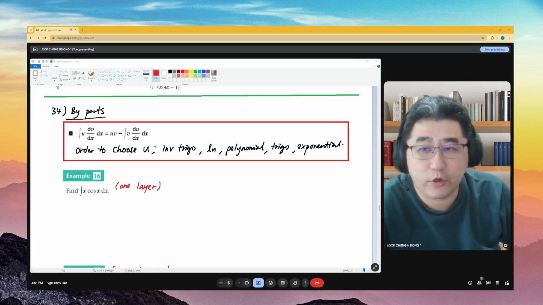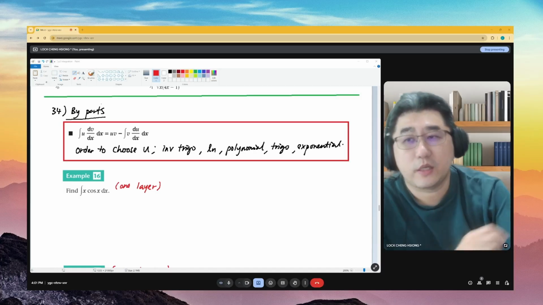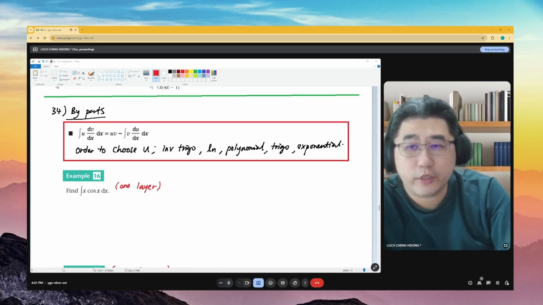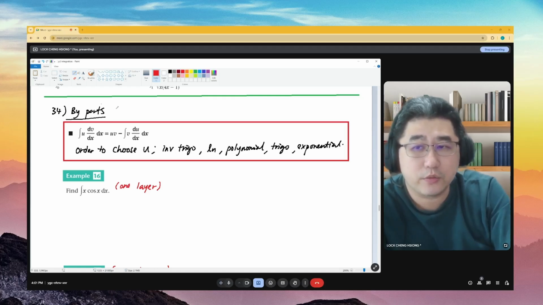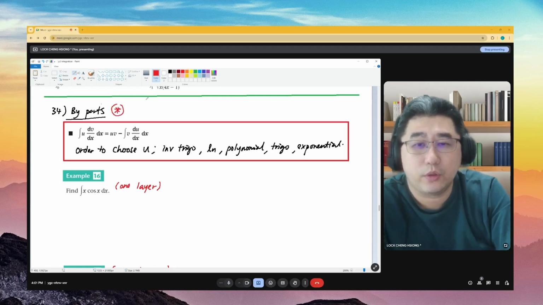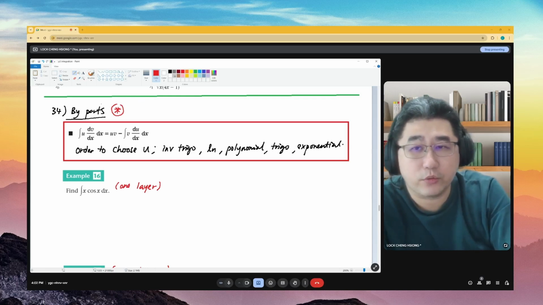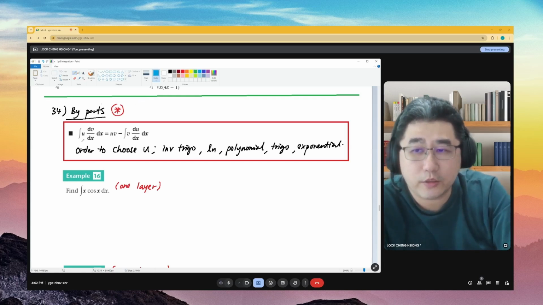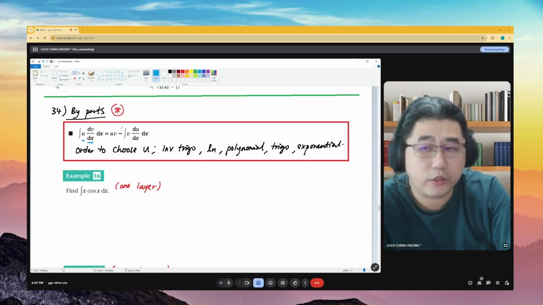Okay, the second integration technique that you need to know is called integration by parts. This one will be important. Integration by parts tells you that you have two parts in your integration that are multiplied together, and we need to split the two parts into this particular form.